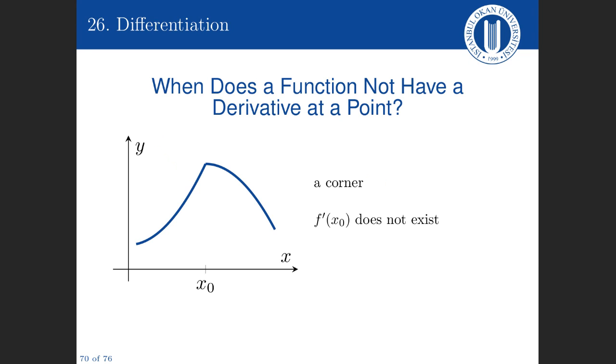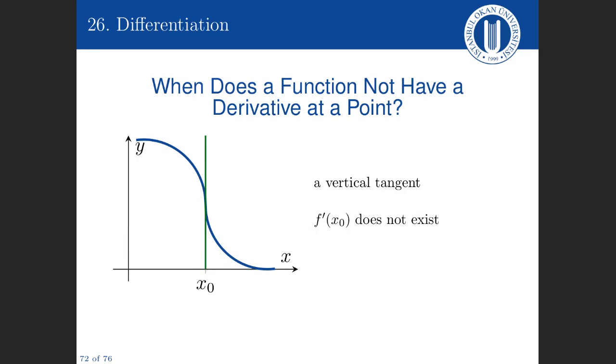We might then ask, when does a function not have a derivative at a point? If we have a corner like this, then the derivative does not exist. If we have a cusp, a type of pointy corner, then again, the derivative does not exist.